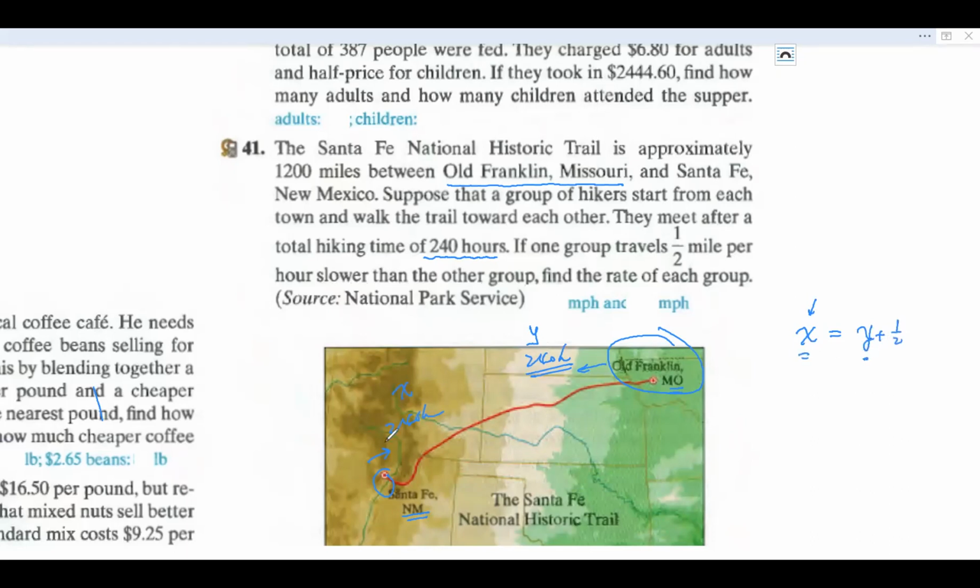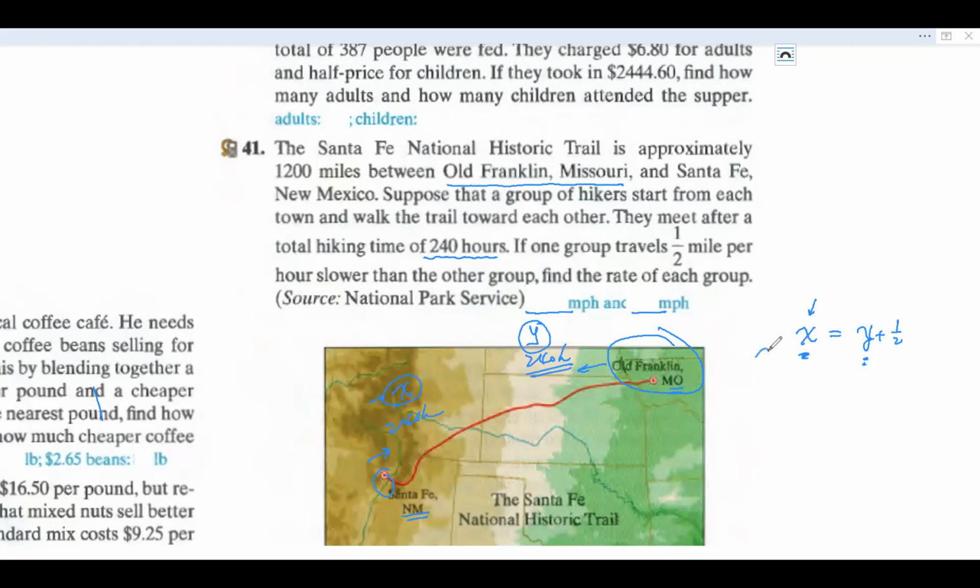Find out what each group's rate is. So we know the relationship: the X group walks a little quicker, and the Y group walks a little slower.